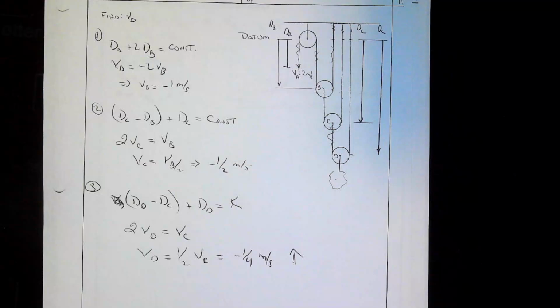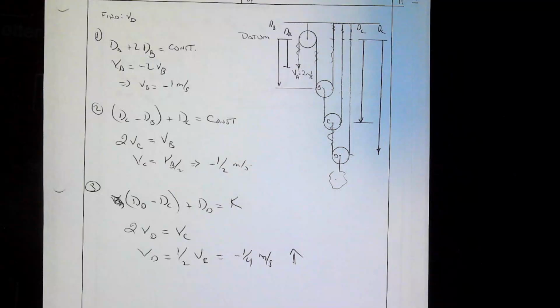All right. So take the derivative. I have 2VC equals VB, or VC equals VB on 2. VB is minus 1. Means VC is minus 1/2 meter per second.